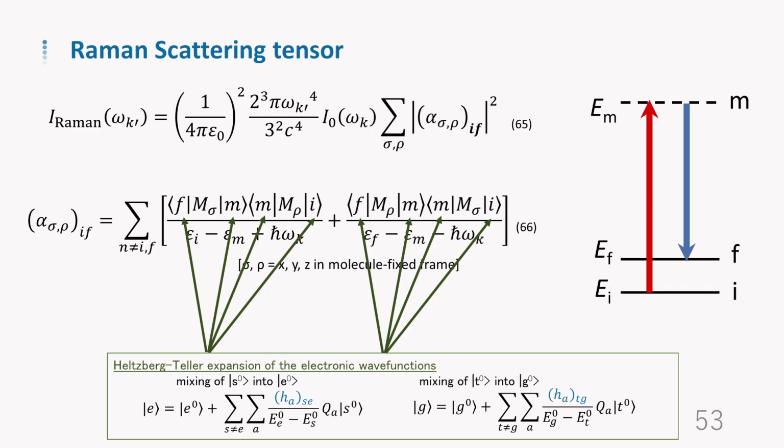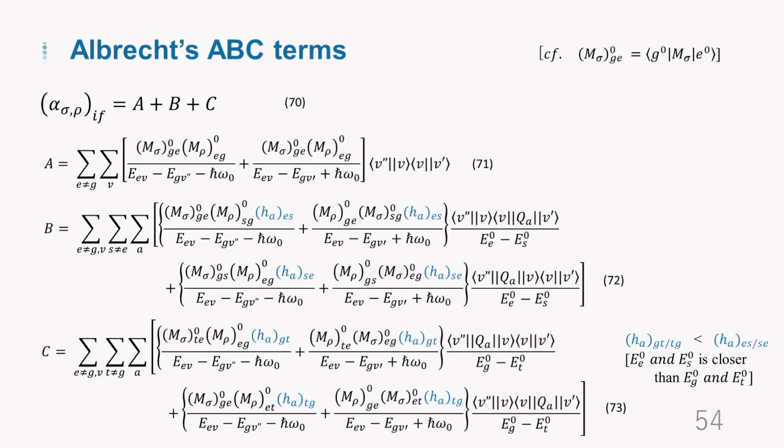Because the denominator is smaller in the case of EE minus ES than EG minus ET. So this mixing term is larger than this mixing term.